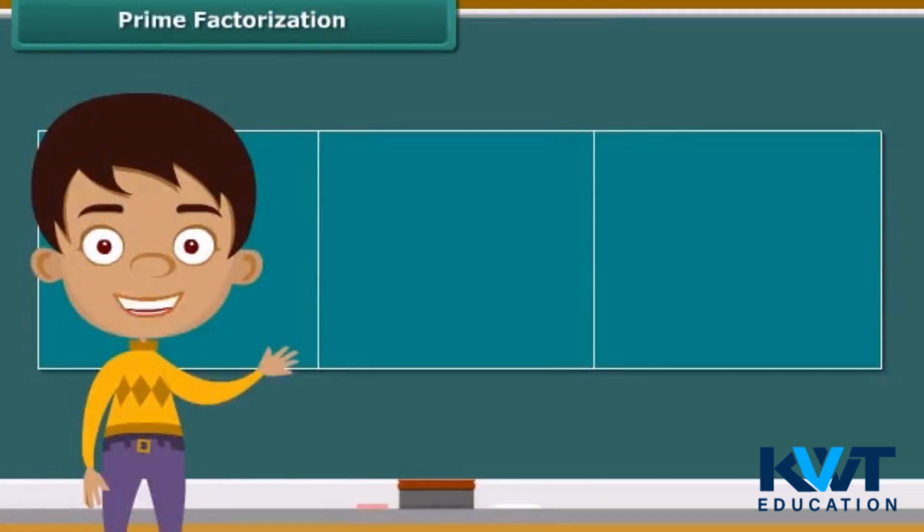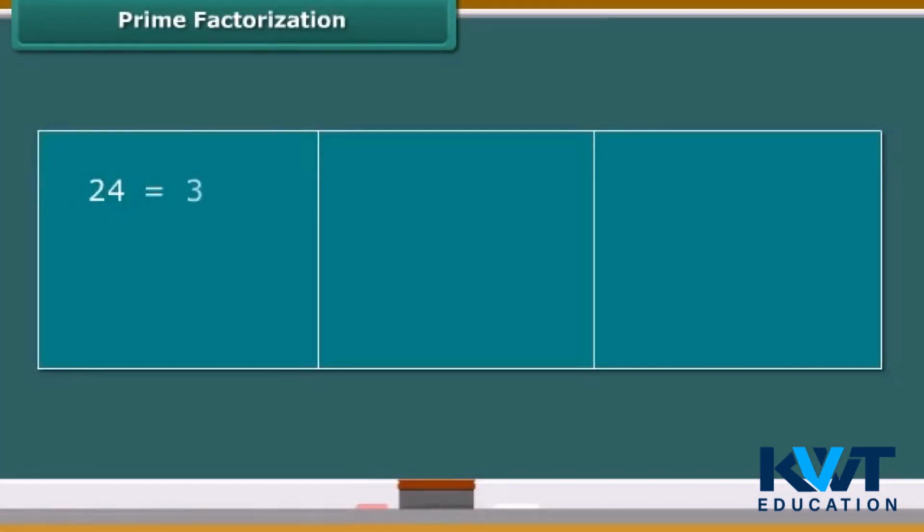When we express a number as a product of its factors, we say that the number has been factorized. Thus, when we write 24 as 3 into 8, we say that the number has been factorized. The factor 8 can be further factorized as 2 into 2 into 2.